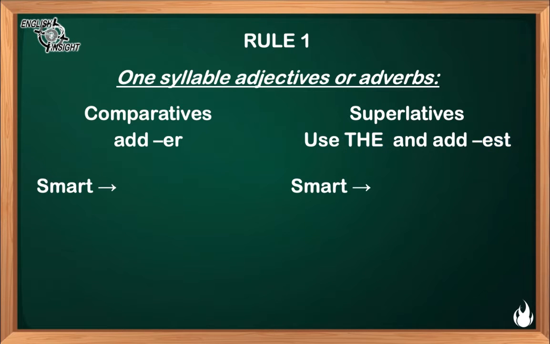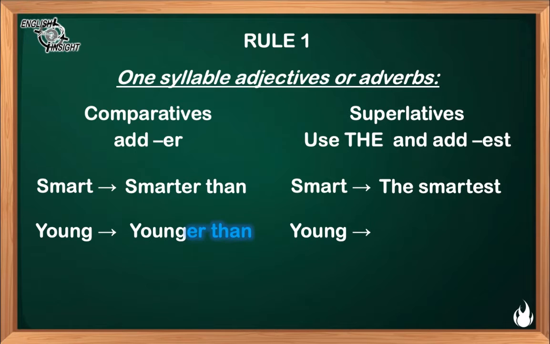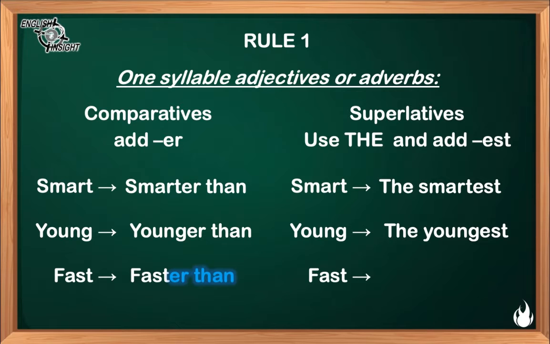For example, we have the adjective smart, and we create the comparative smarter than, and the superlative the smartest. Young, younger than, the youngest. Fast, faster than, the fastest.